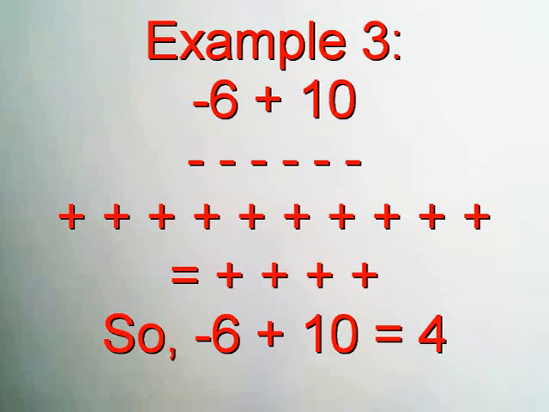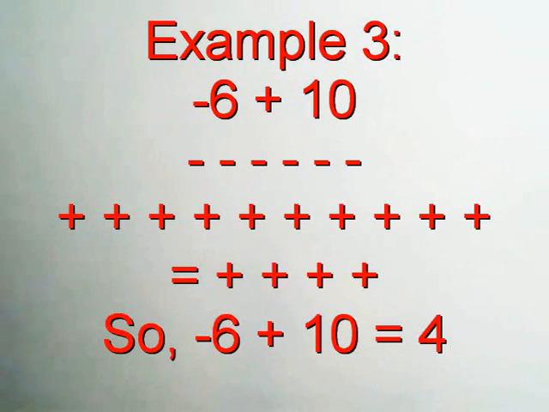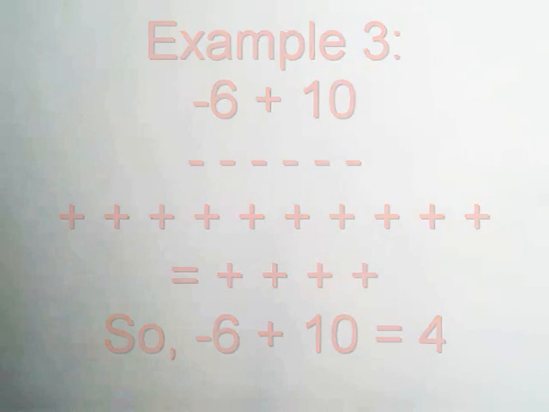Again, we will follow the same rule of thinking of the 6 as having 6 negatives, since there is a minus sign in front, and thinking of the 10 as having 10 positives. The 6 negatives will cancel out 6 positives, and you are left with 4 positives. So the answer for this problem is positive 4.